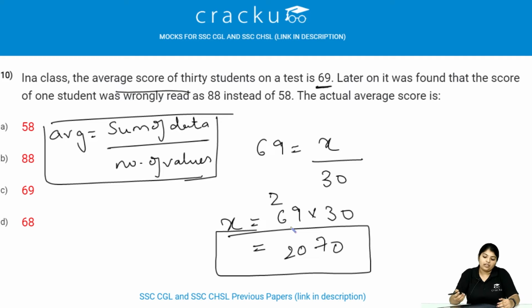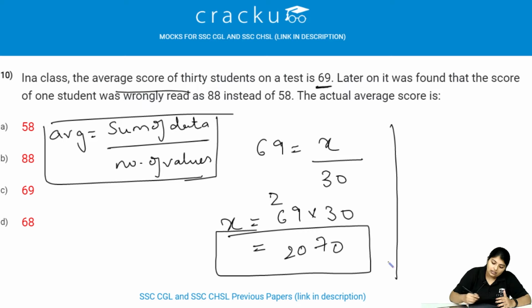Later it was found that the score of one student was wrongly read as 88 instead of 58. Therefore, the actual average score is, instead of 58, it is read as 88. See, 88 is greater than 58. So, instead of 58, it is read as 88.